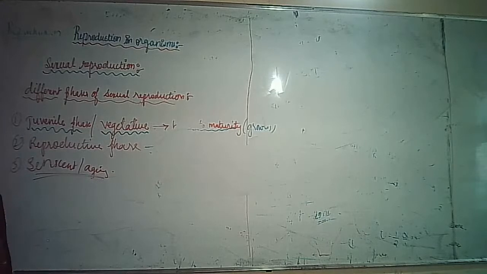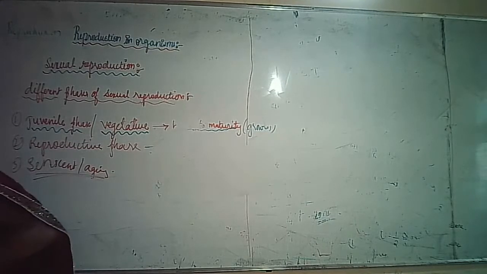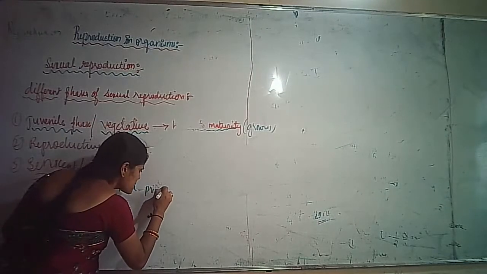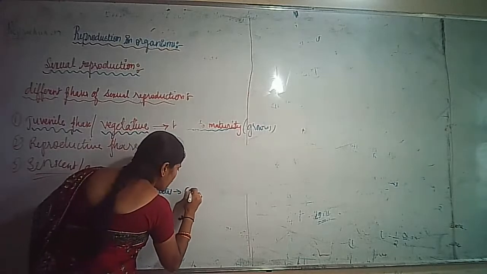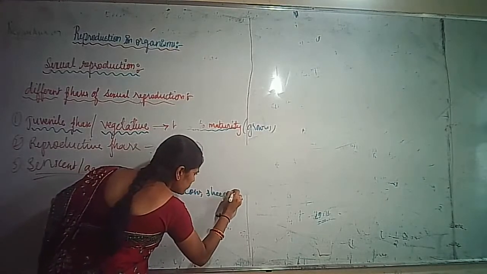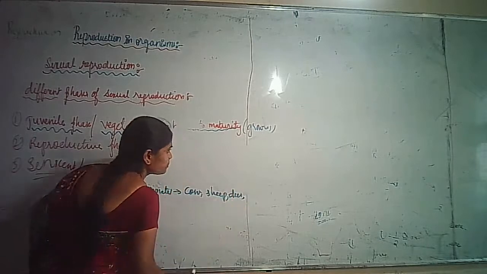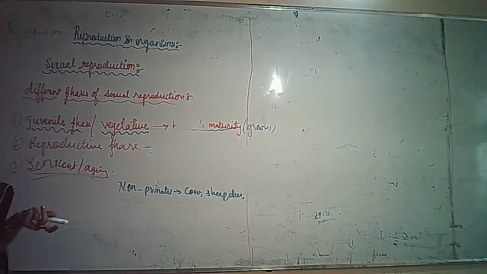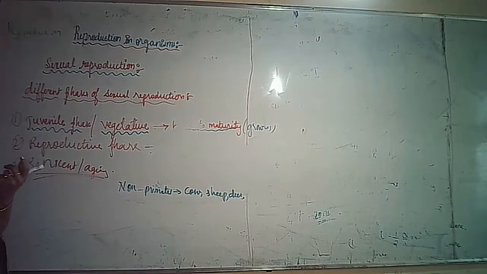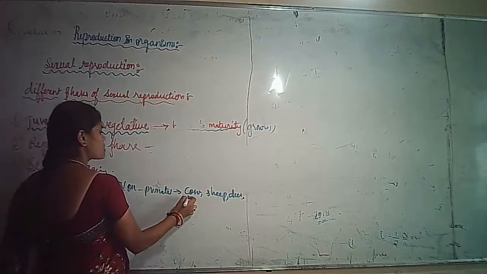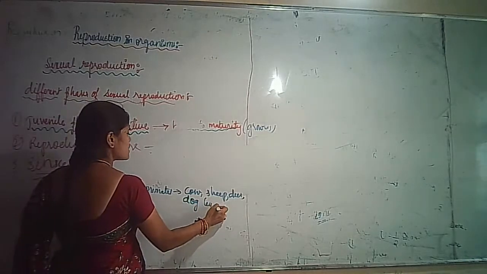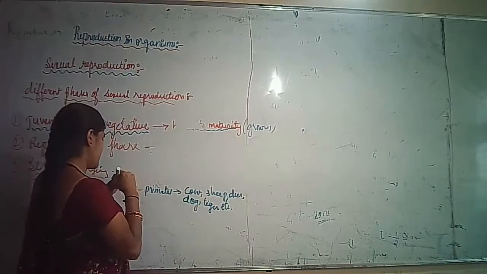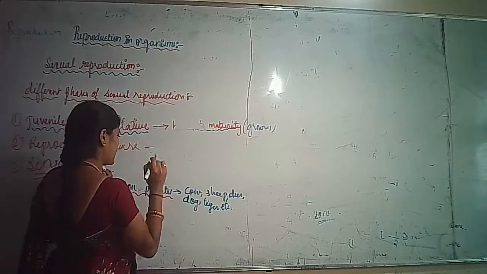Some of the reproductive phases in non-primates are seen in cow, sheep, deer, dogs, tigers, etc., which belong to non-primates.